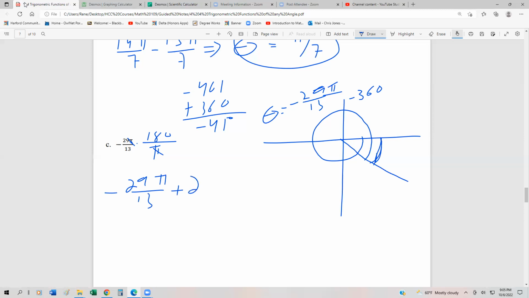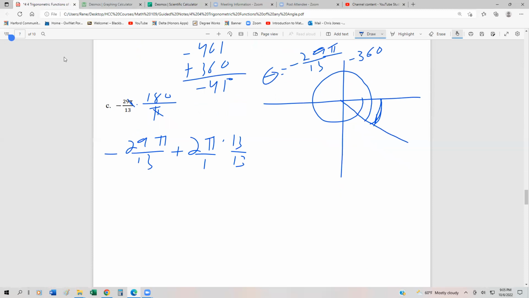If I add 2 pi, I'm going to have to multiply by 13 over 13 to get a common denominator. So I get negative 29 pi over 13 plus 26 pi over 13. That's going to be negative 3 pi 13ths.